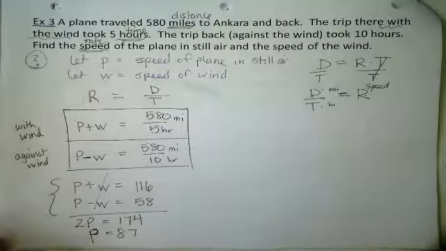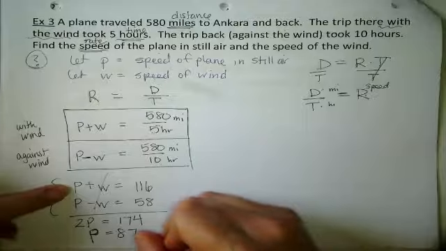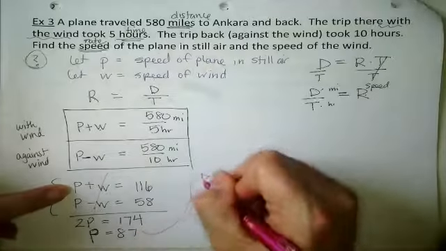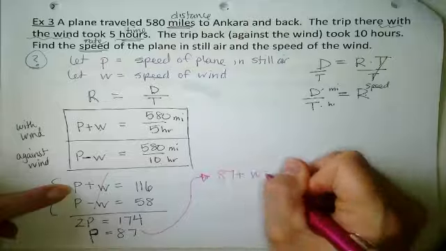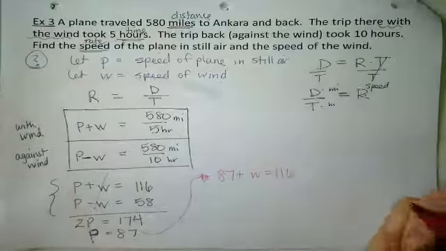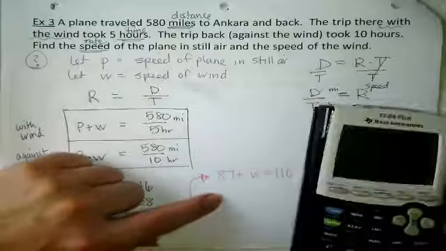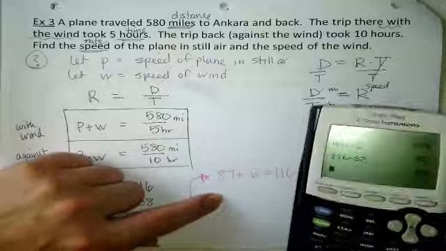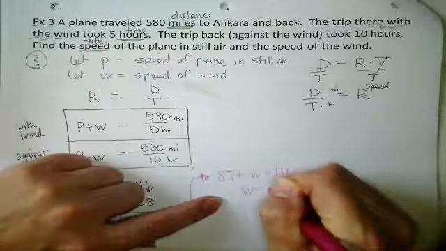All right, and then I can take my 87 and plug it into the top equation. So 87 plus W equals 116. And then I can go ahead and subtract 87. 116 minus 87 is 29. So the wind speed was 29.